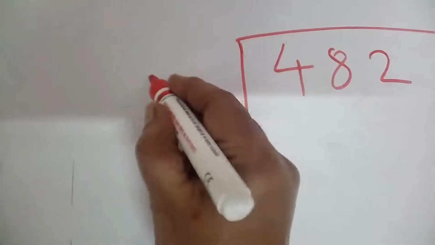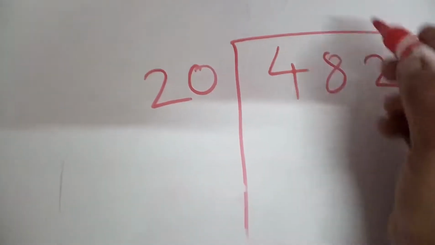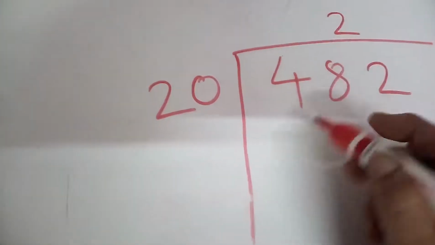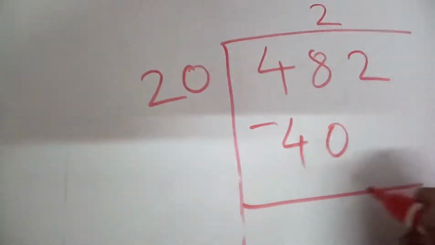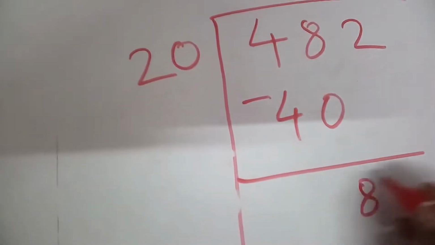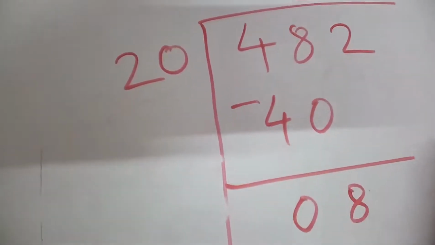Then second question for long division. 482 divided by 20. So 20 twos are 40. From 8 subtract 0 you will get 8 and from 4 subtract 4 you will get 0.